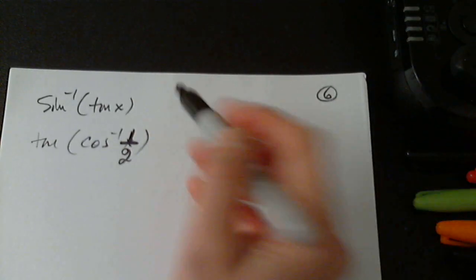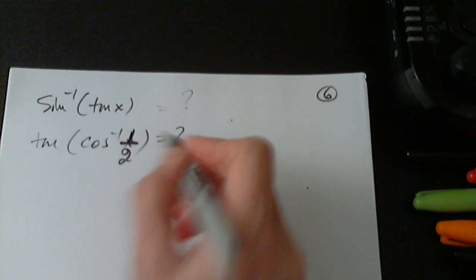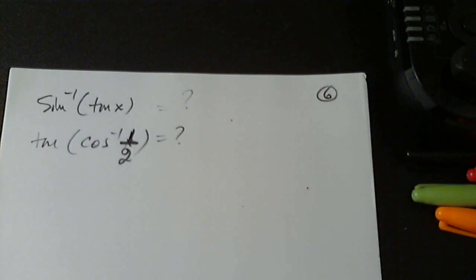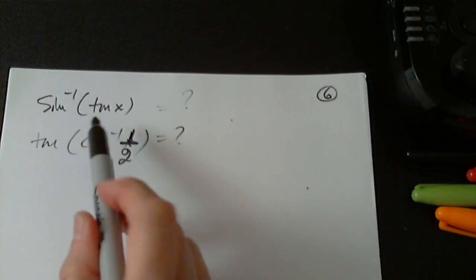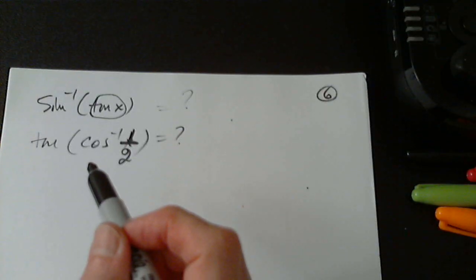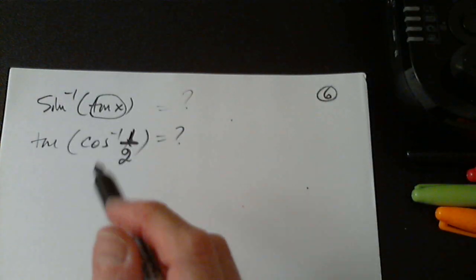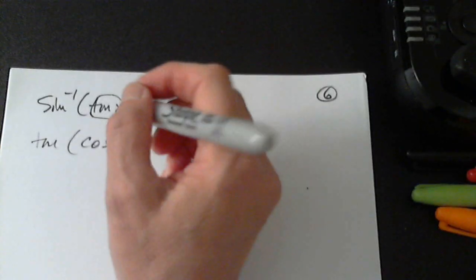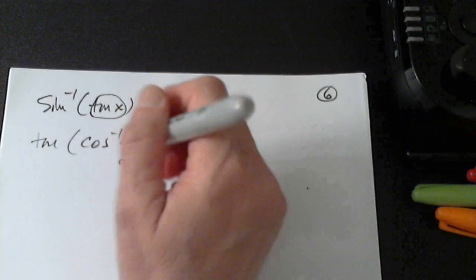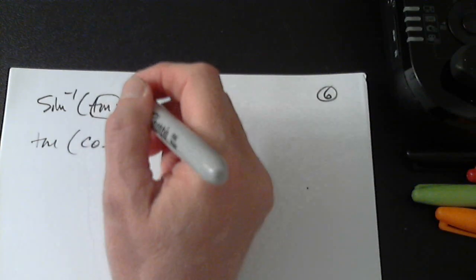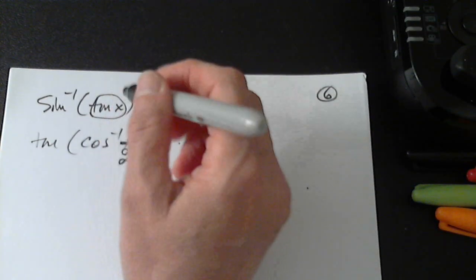So we are asked to evaluate what is this and what is this. Let's start with the first one, sine inverse of tangent x. Even for this one I need a number actually. For this one I didn't, so I'm just going to switch. I'm going to put not a number, but a.